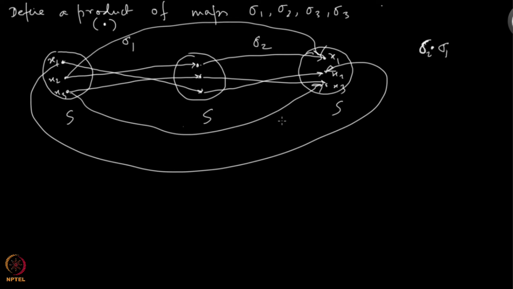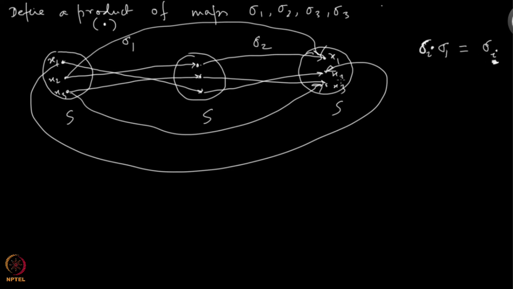That map is one of the maps in the entire set of 4 factorial maps. So, sigma 1 dot sigma 2 is some map which, for some value of i, gives you a map which is one of the sigma i's. Clearly that is also a map.